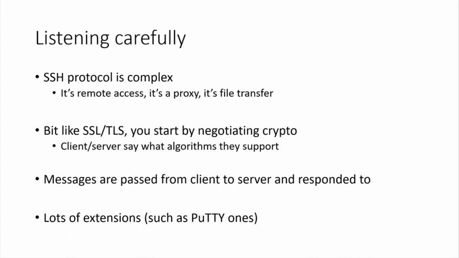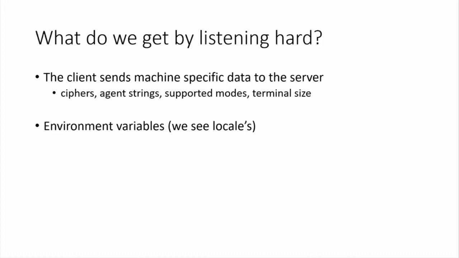So what do we get? What's the point of doing all this re-implementation? Well, we get loads of information that we wouldn't otherwise get that may or may not be interesting. So the cipher suites that are in use on the attacker's real machine, the agent string of their SSH client, which can be really interesting. Terminal modes, real specific Linux things that the terminal they're using actually supports.